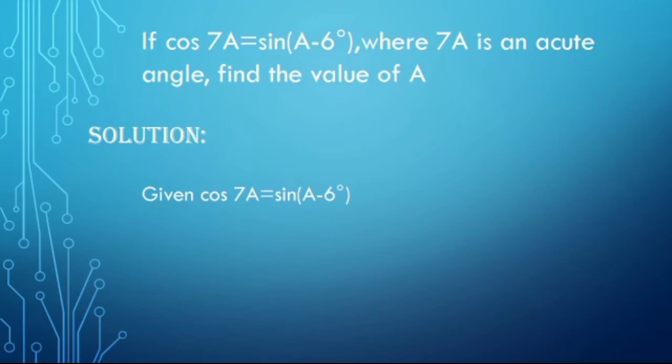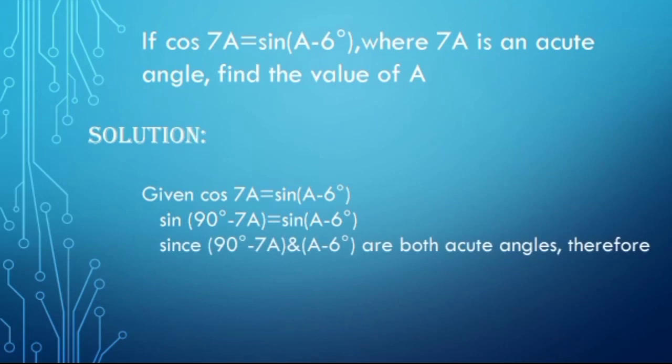But from trigonometric ratios of complementary angles, sin(90° − 7A) is equal to sin(A − 6°). Since 90° − 7A and A − 6° are both acute angles, therefore 90° − 7A is equal to A − 6°.